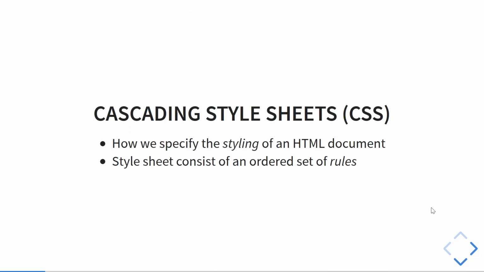CSS, cascading style sheets. We're going to come back and learn what this cascading part of things means, okay? But in general, this is how we specify the styling of a document, an HTML document. But don't be fooled. It's not just about styling.